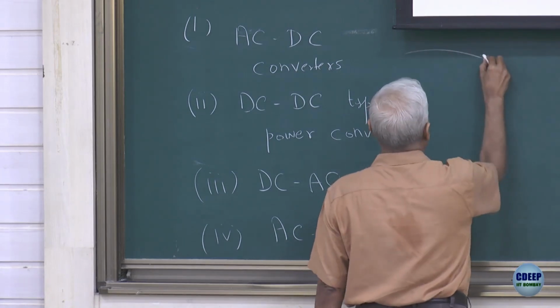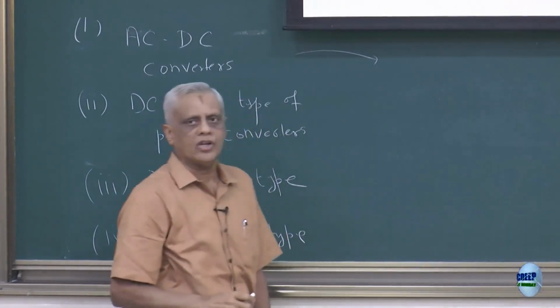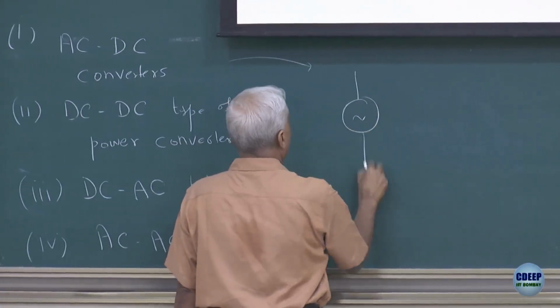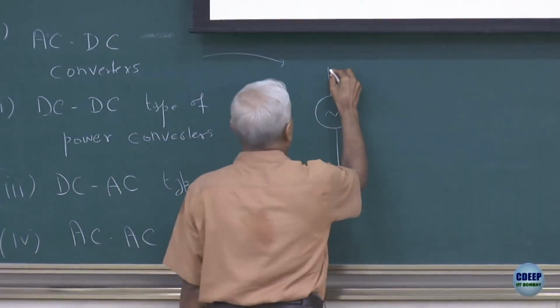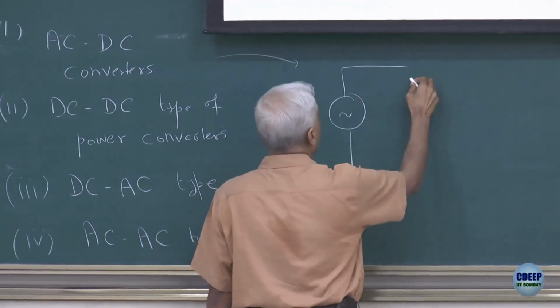So, if I take an AC to DC converter with the basic topology, there is an AC source, and let us consider a single phase AC source, because we are just reviewing the basic aspects.